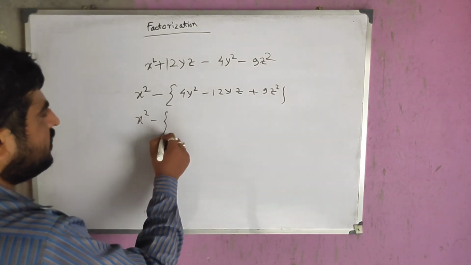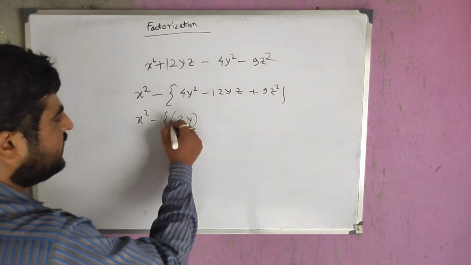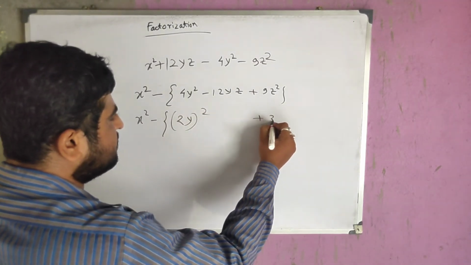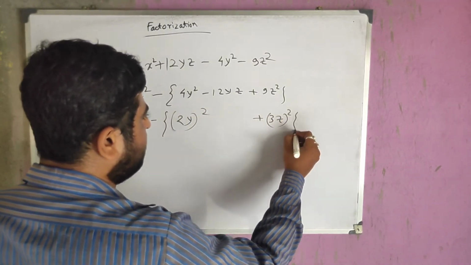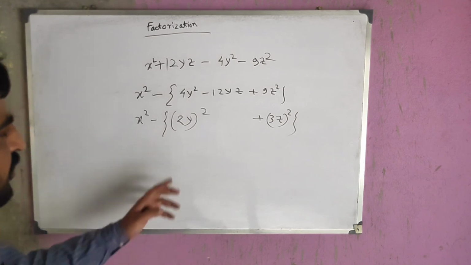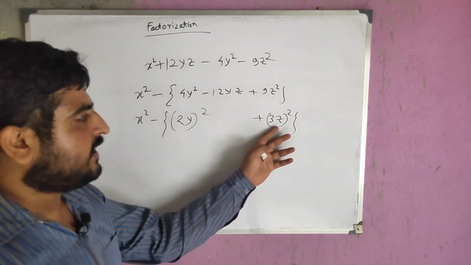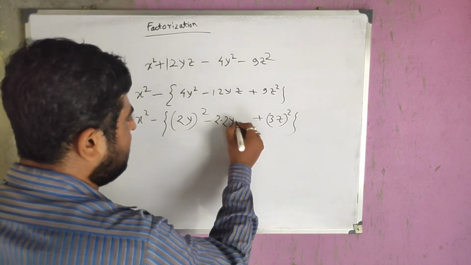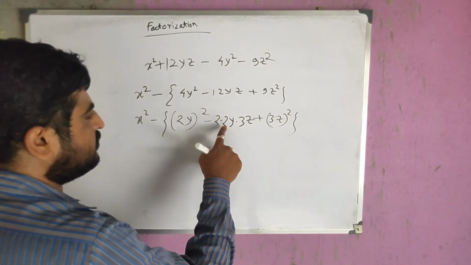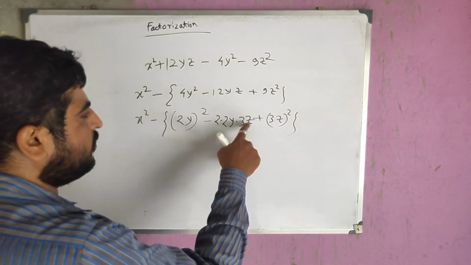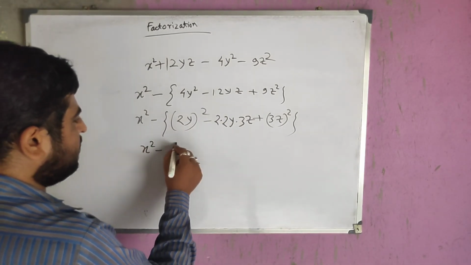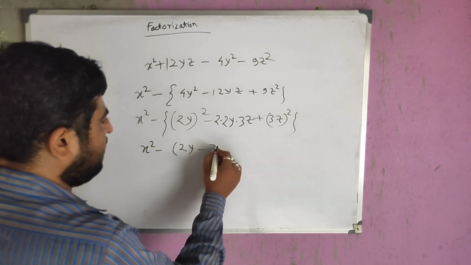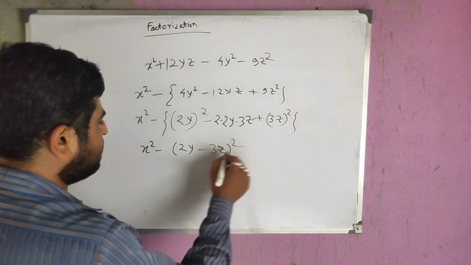Now 4y square is the square of 2y and 9z square is the square of 3z. So we have got this a square and b square. So in the place of a there is 2y, in the place of b there is 3z. Now 2ab. Now check, 2 2s are 4, 4 3s are 12, yz. So it will come a minus b whole square.